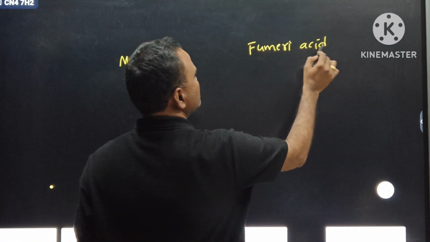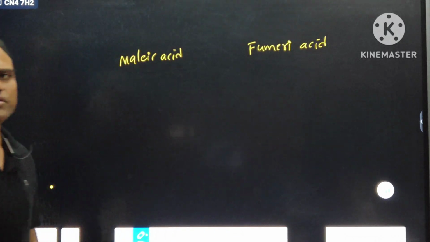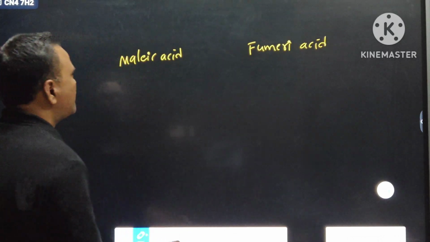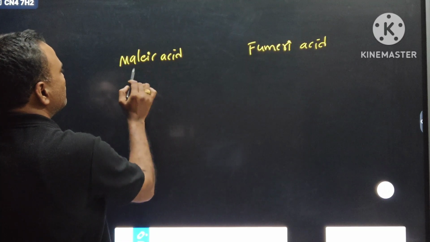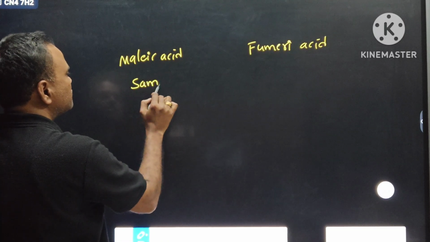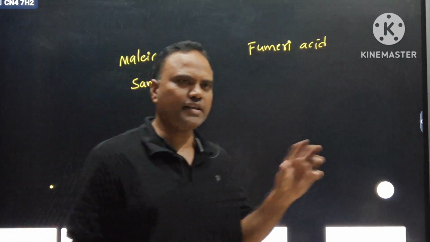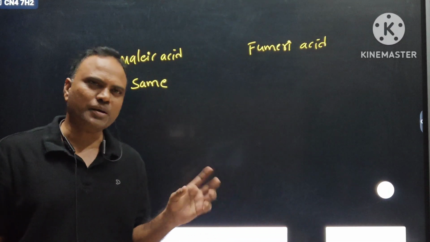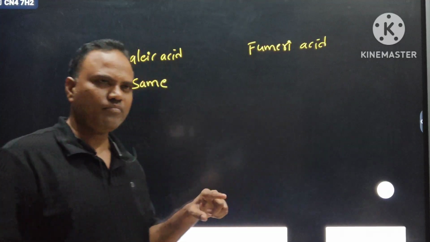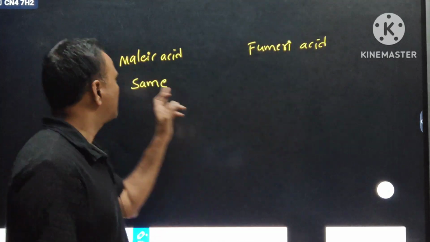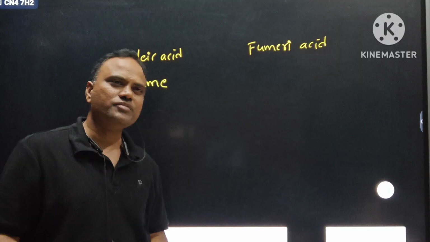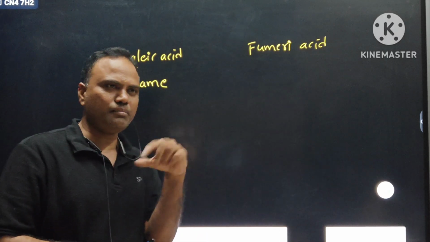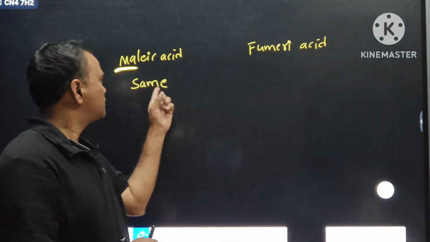Which of the following is a cis dicarboxylic acid? Which of the following is a trans dicarboxylic acid? You tell me. I will give you one code: the name ending with M, same as the starting letter.